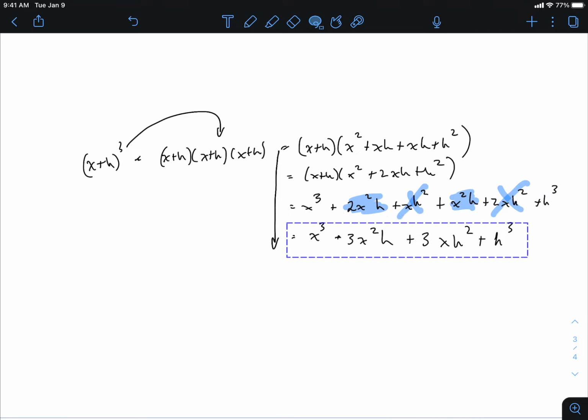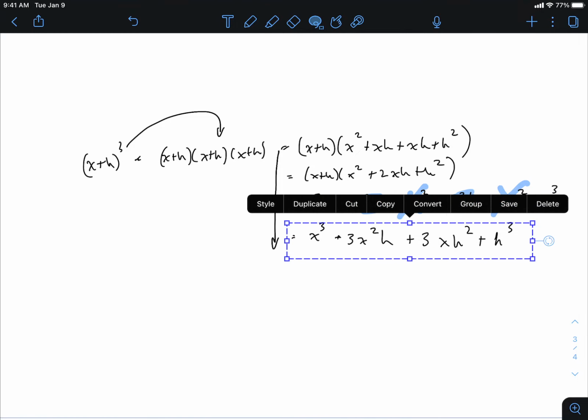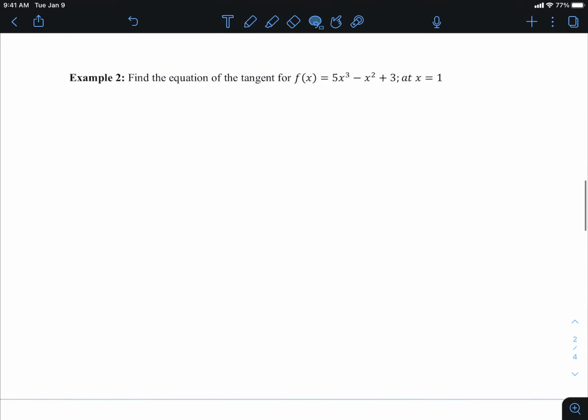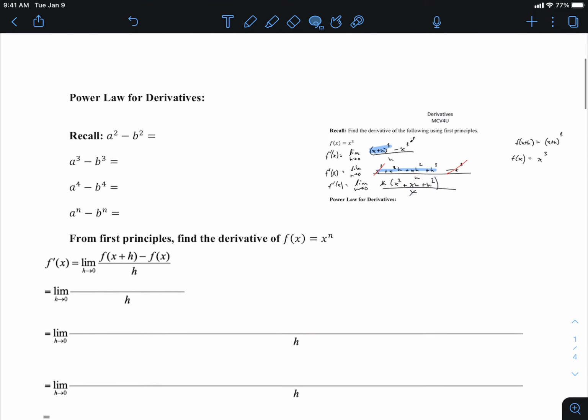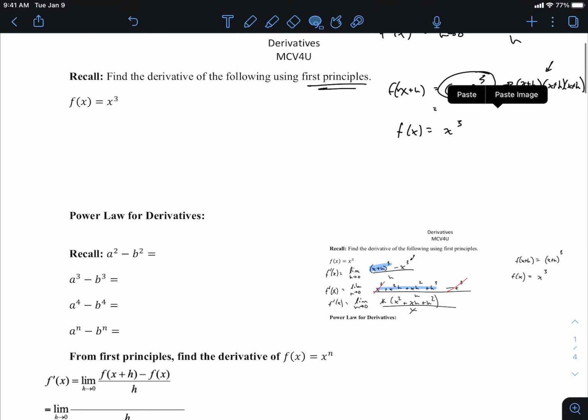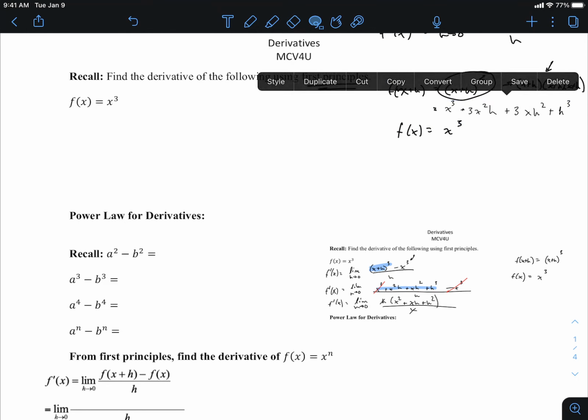So I'll grab this and bring it back up here and drop it in. But that's where it comes from.